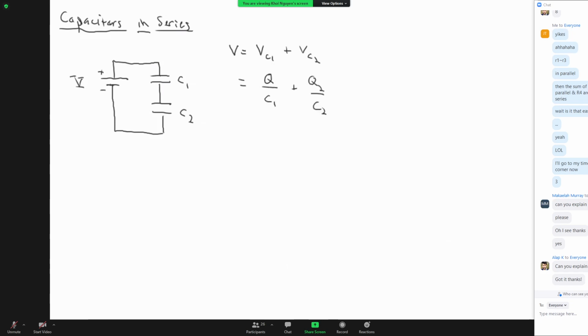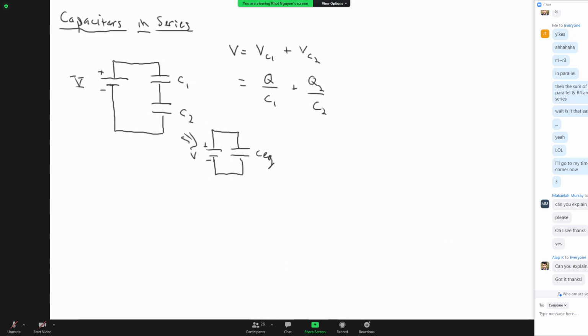And remember, for things in series, there's only one path for current to flow, or only one path for charge to flow, because current is the amount of charge per given unit time. We can rewrite this as a single battery, single capacitor. We'll call that the equivalent capacitance in a circuit.